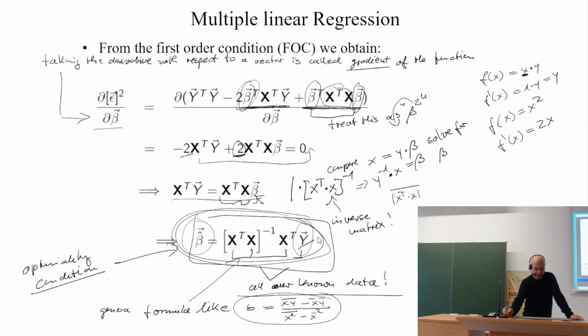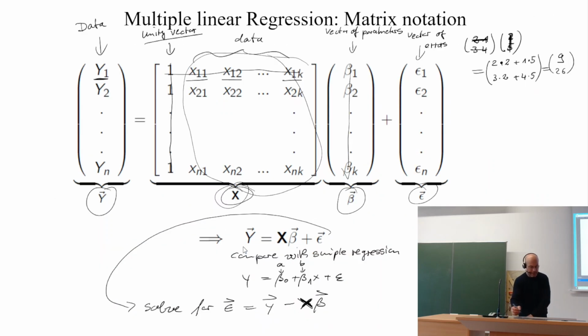This we already have. But what we also need is the matrix X. And the matrix X does not only consist of our data for marketing budget, for visits, and for branches, but it has also this unity vector.